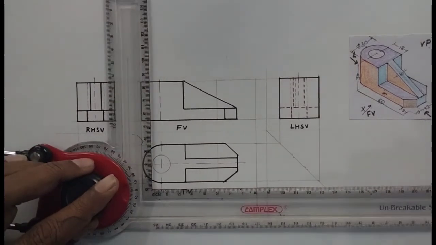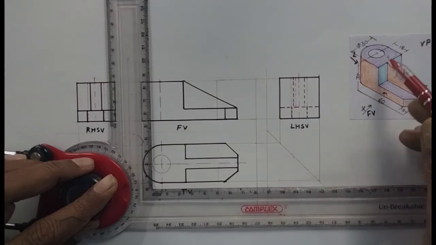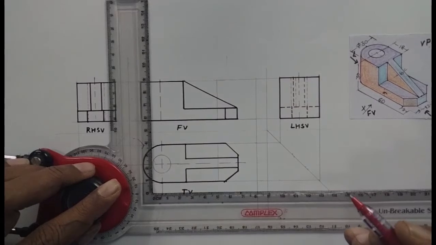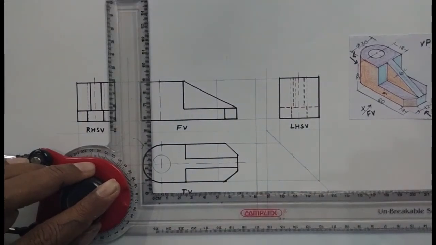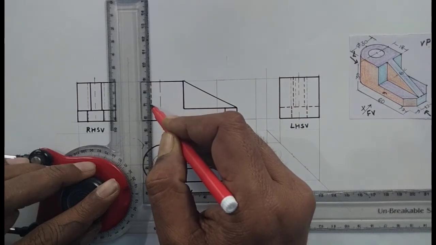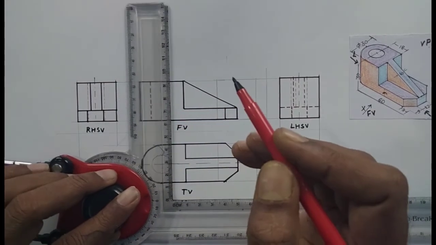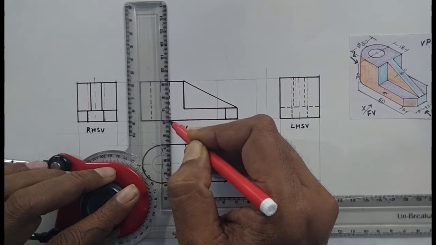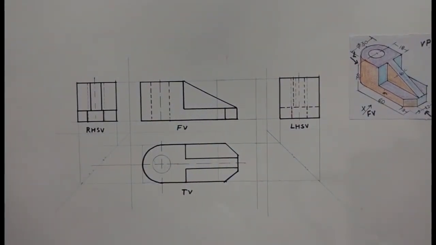Similarly, the hole is not visible from the elevation, so in the elevation we can also show the dotted line. So our entire problem is completed.